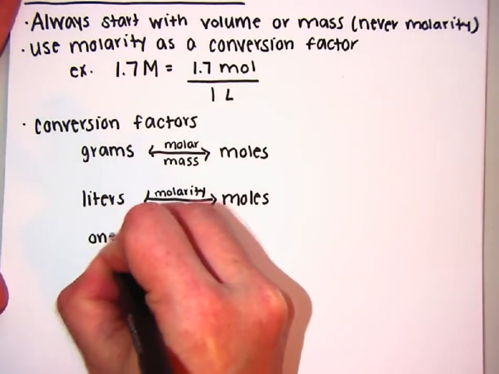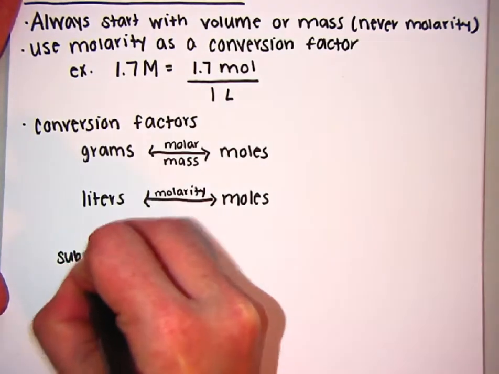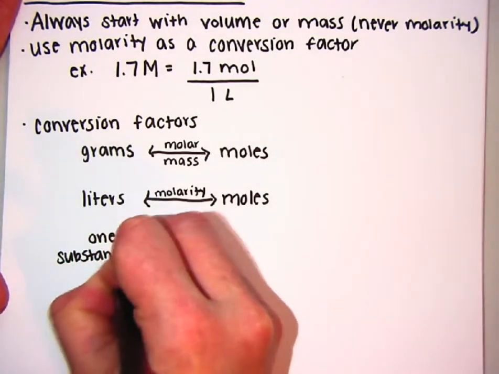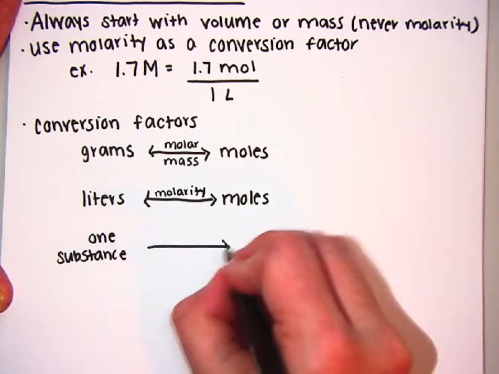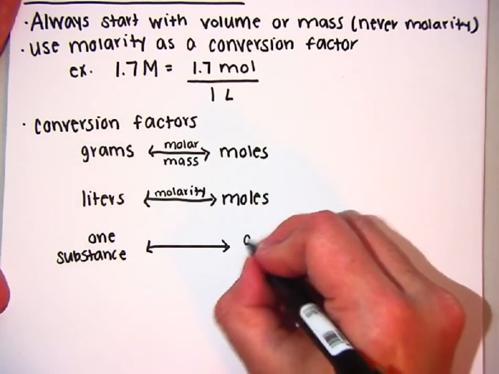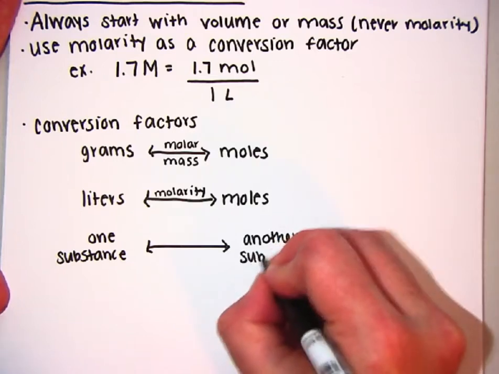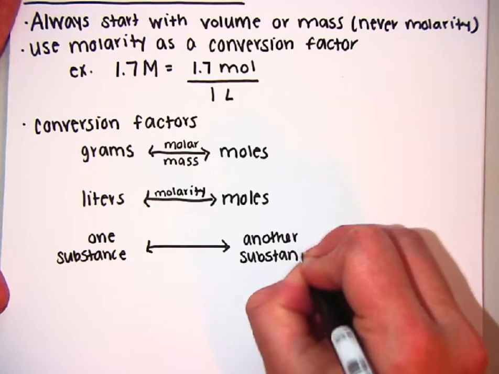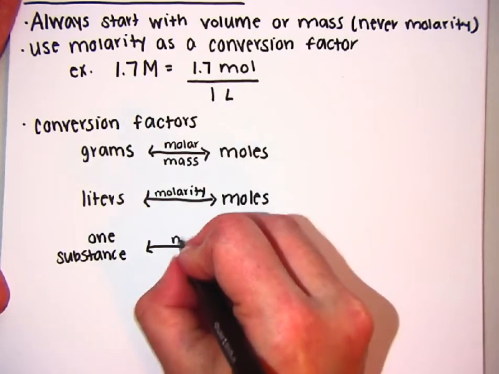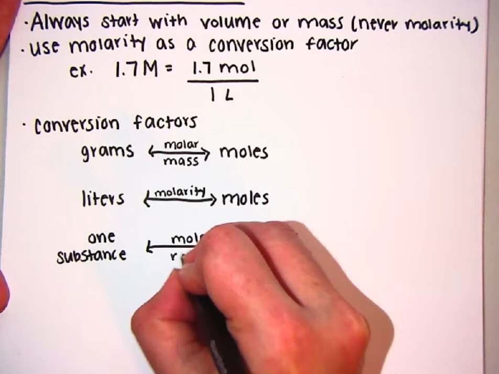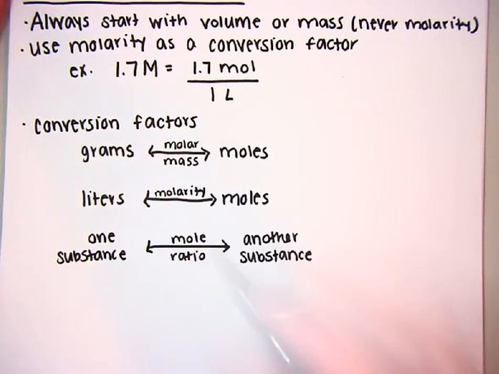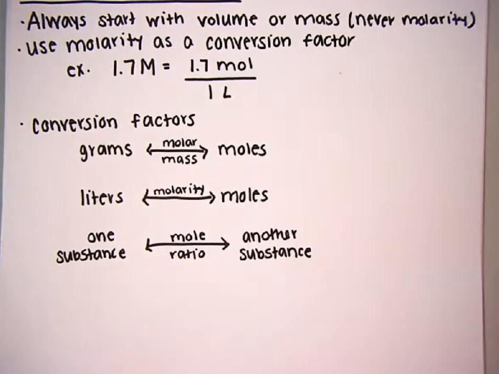So if you are converting from one substance to another substance, we're going to use the mole ratio. So those are just a few reminders. Like I said, this is all stuff that we've done before. We're just going to put it together into one big problem.